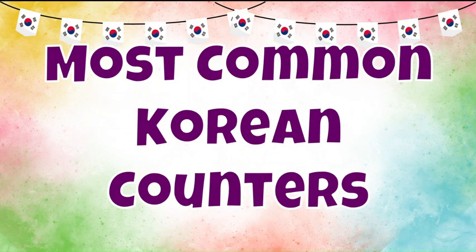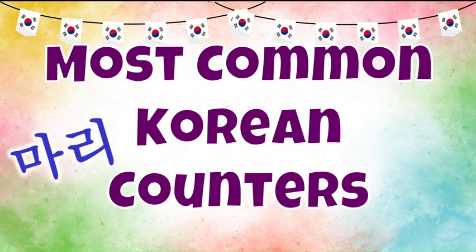Today we are going to start a new video series. In this video series, we'll delve into one of the most essential aspects of the Korean language, counters. Counters are words used to count objects, people and actions, and they are a key part of Korean grammar.